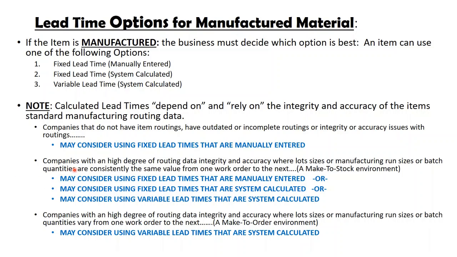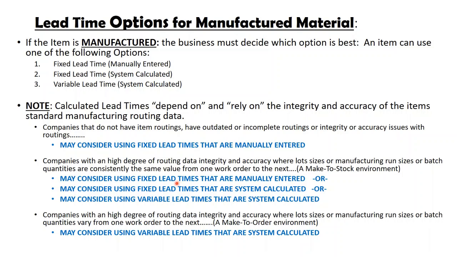Companies that have a high degree of routing data integrity and accuracy, where lot sizes or manufacturing run sizes or batch quantities are consistently the same value from one work order to the next, let's say in a make-to-stock environment, may consider the use of all three options.